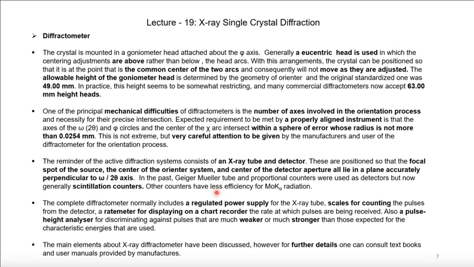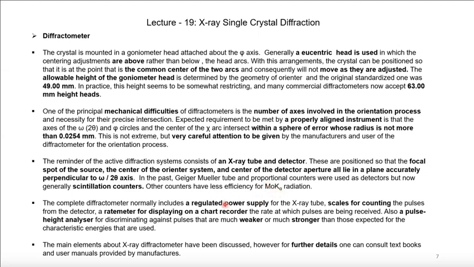And we also use molybdenum alpha radiation mainly for single crystal data, unless the molybdenum alpha radiation damages the crystal. If it does, then we choose other radiation, but mainly molybdenum alpha radiation.